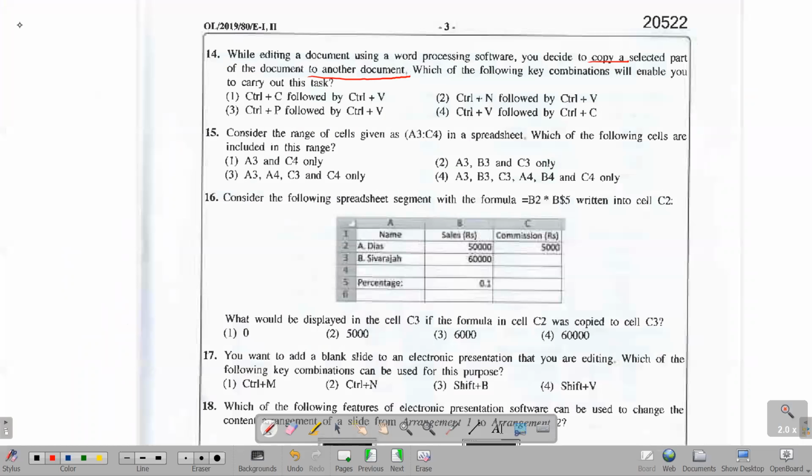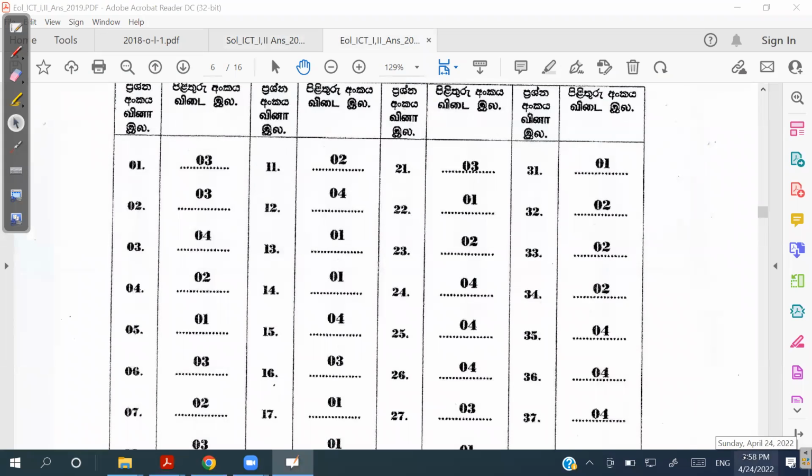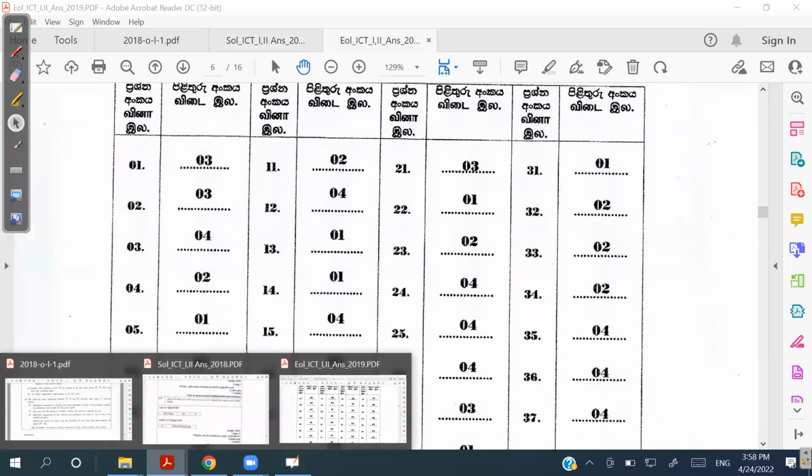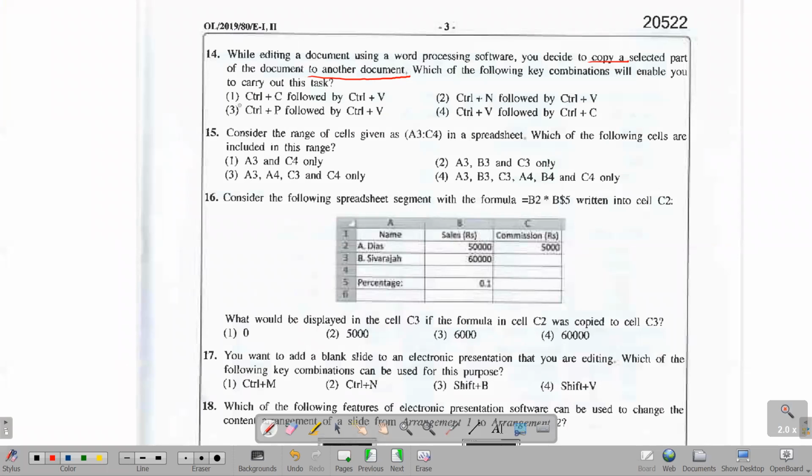Question number 14, yes, the first one. So the answer is Control C followed by Control V.